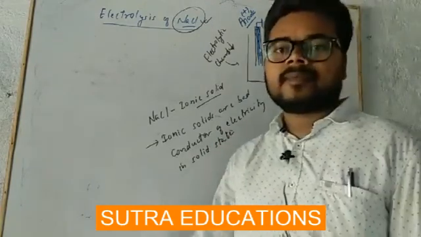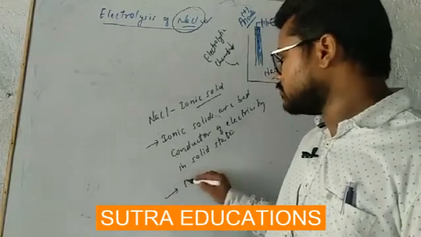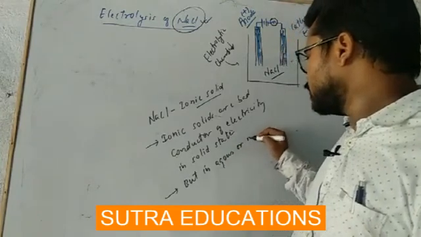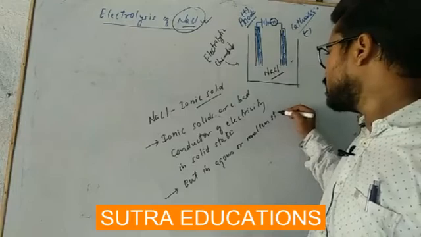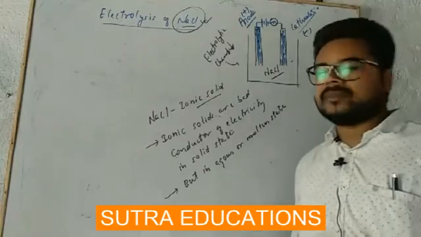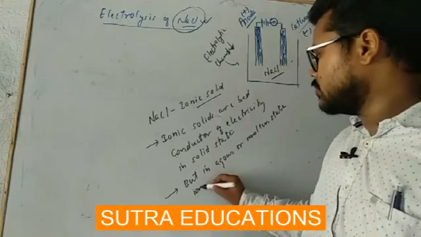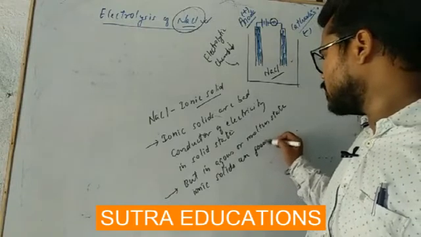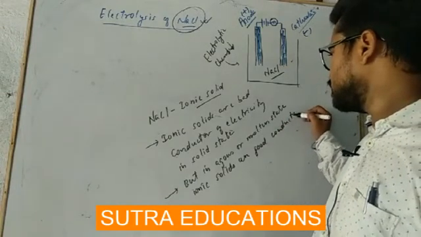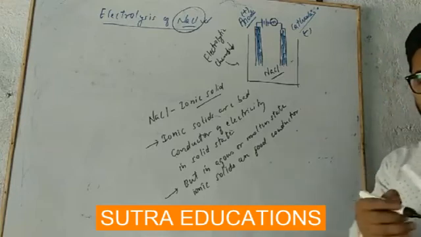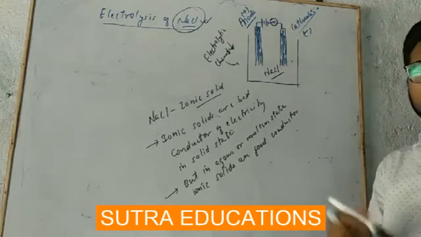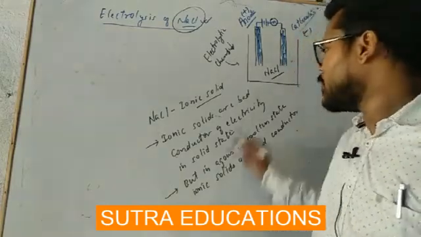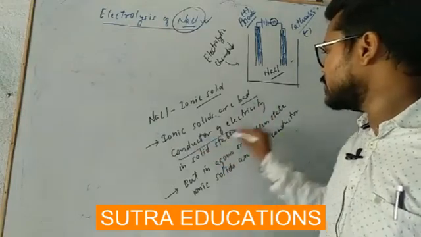Got it? But in aqueous or molten state, ionic solids are good conductors. So NaCl is solid, so it will be a bad conductor of electricity.